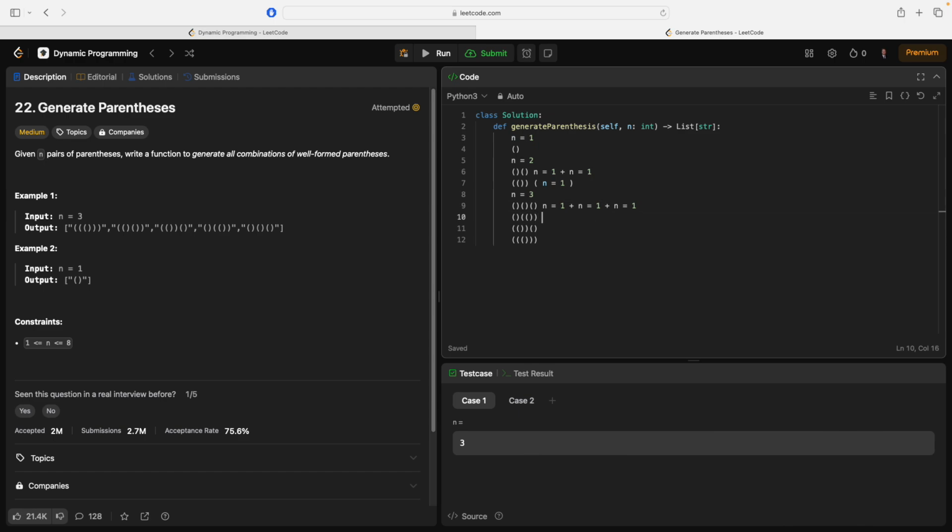Or we could do n equals 1 plus n equals 2.